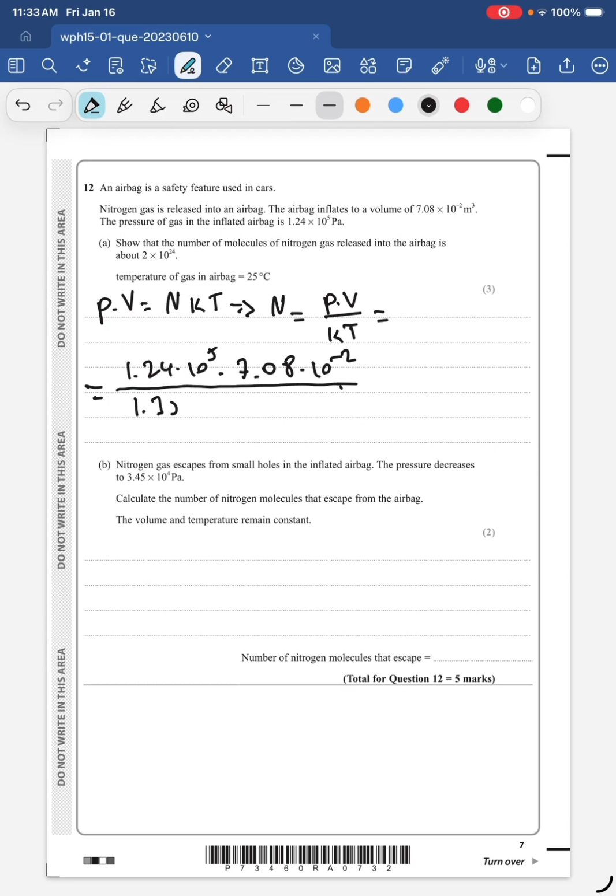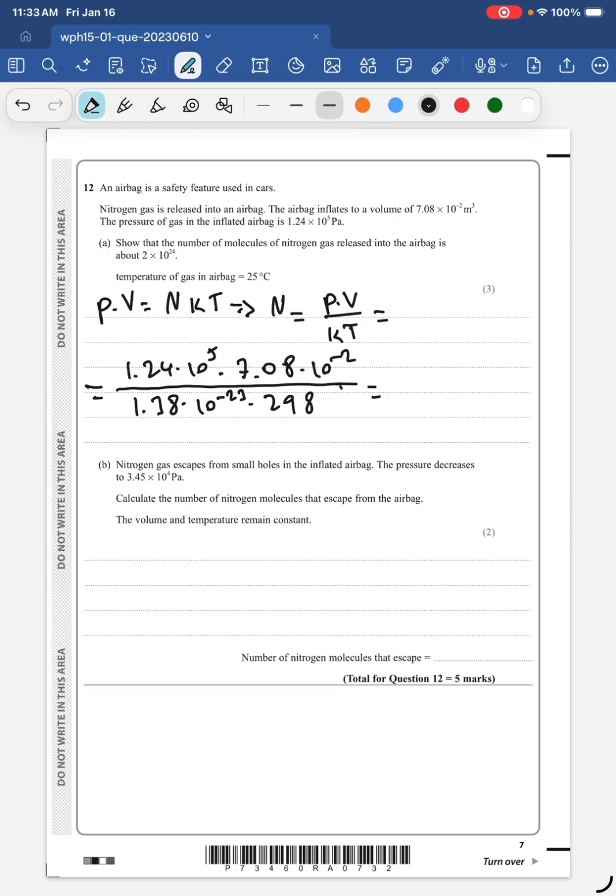K is 1.38 times 10 to the negative 23. And then temperature, you have to convert to Kelvin. Never forget that. So 273 plus 25, what's that? 298.